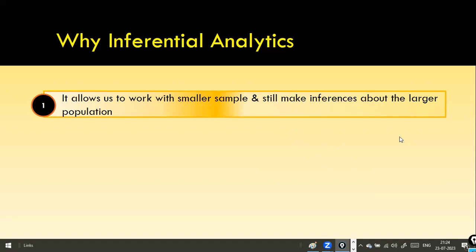But the question is, like I said earlier, the average height of the 50 students in my sample is 174 centimeters. With that, can I say, by closing my eyes, that all the 10,000 final year students in my college have an average height the same as my sample's mean?